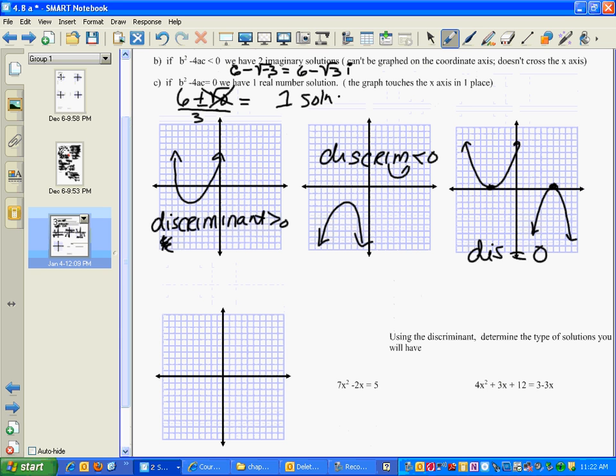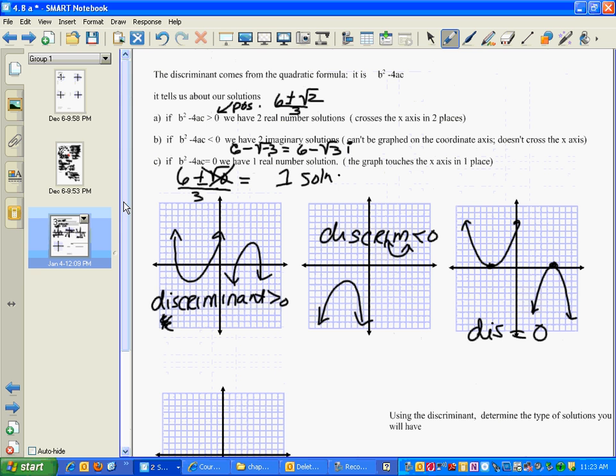Absolutely. It could go this way or this way. Just like this one could go this way or this way. All right, I'm just giving you one example. Okay, good. See up here, look. This is the discriminant right there, the part under the root.